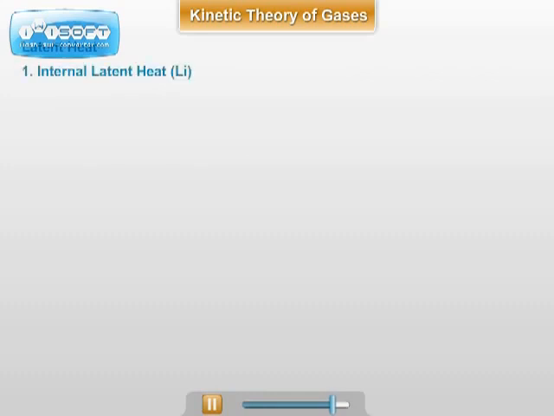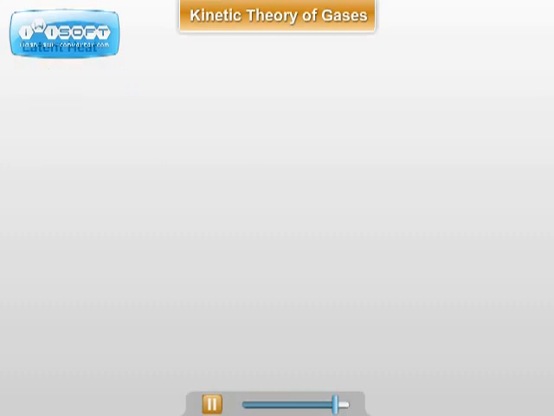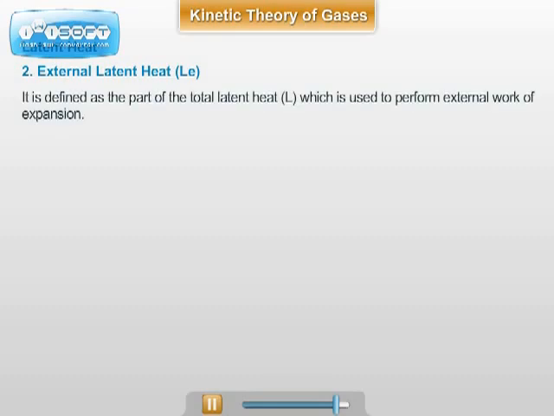The first one, internal latent heat. It is defined as the part of total latent heat L which is used to perform internal work against the intermolecular forces of attraction to increase the intermolecular distance. It is denoted by Li. And number two, external latent heat.